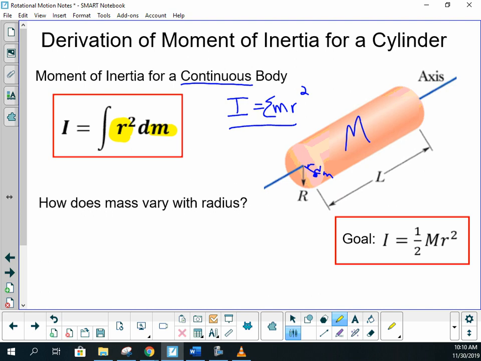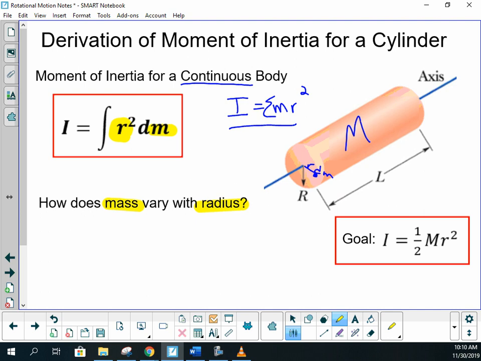So we can't just use this integral as stated. We've got to do some work to it in order to integrate the function, because radius is not in terms of mass. So what we really have to answer is, how does the mass vary with radius?